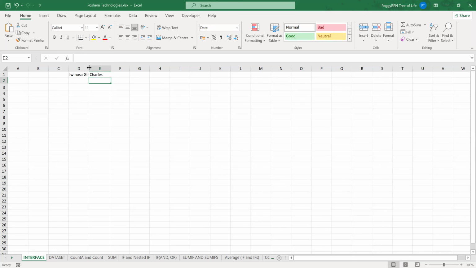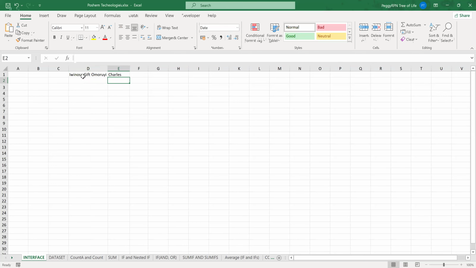So how do I do this? You see my cursor is a cross now. When I come here, it's still a cross, but now it's black like this. I just double click here, and it opens up for me like that.